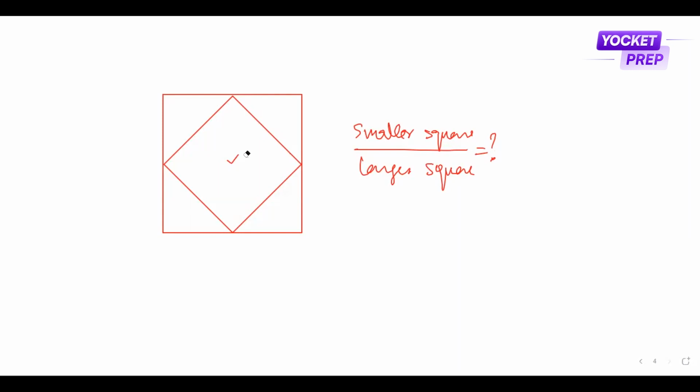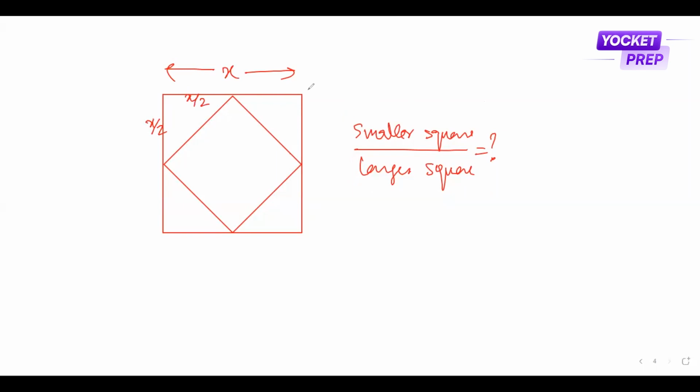How do you solve this? If you are thinking that, okay, let me take the length of the outer square to be 4x, and then keep on computing stuff, that's a waste of time. By the way, I'll tell you one very nice trick that you can use. If you see a question which is asking you for a ratio in area form, like a square inside a square, most of you always do this: let the square length be x, so this is x by 2, x by 2, and then start calculating.